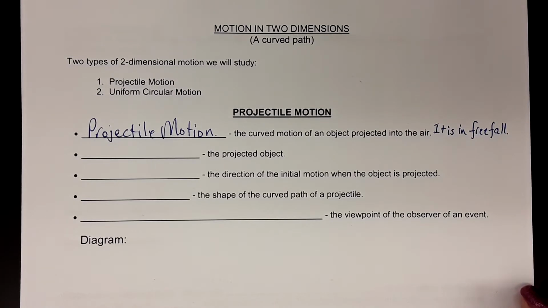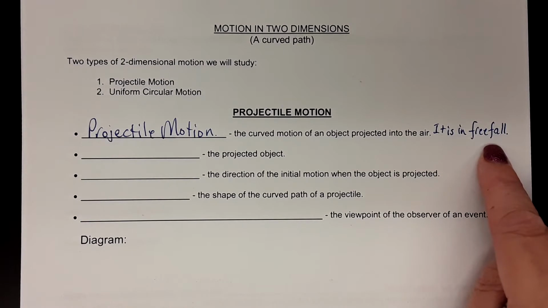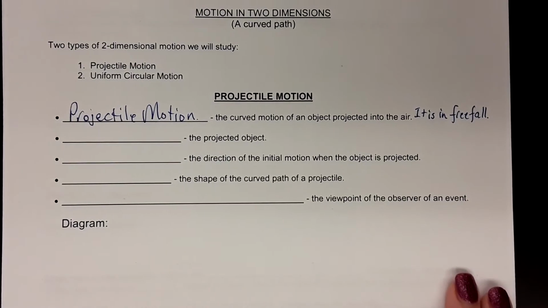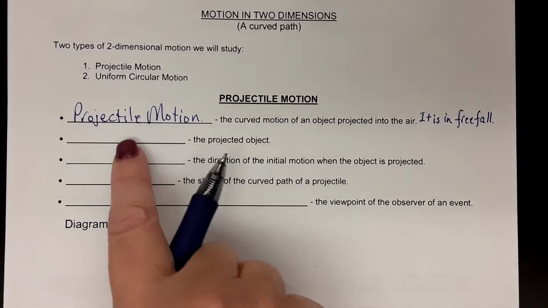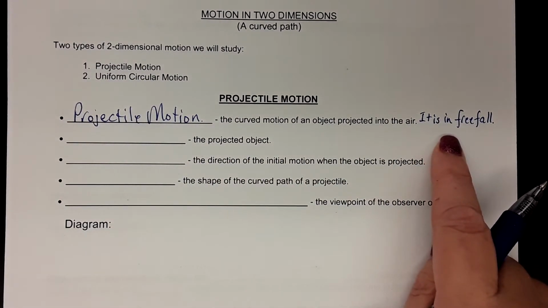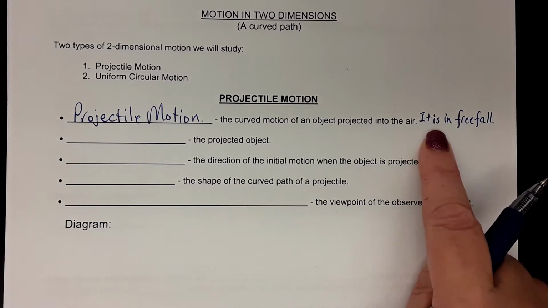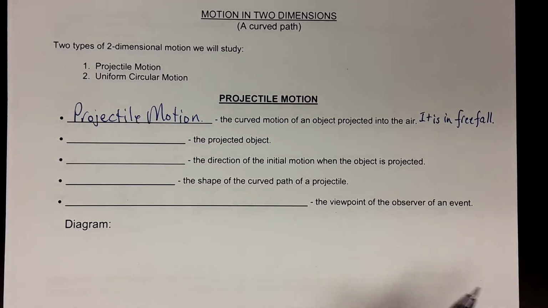It is still in free fall because the only force acting on the projectile is gravity, assuming we neglect any air resistance, which at this level we do because we do not yet have the math background to deal with air resistance. It's a lot tougher. So we typically, for projectiles, neglect air resistance. So the only force acting on a projectile once it's projected is gravity. That means it's going to be in free fall. You need to understand that.